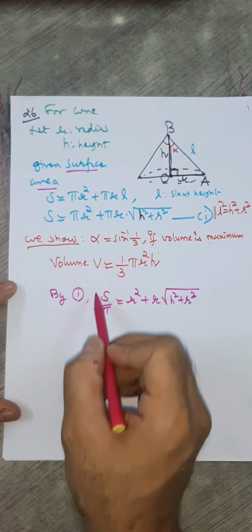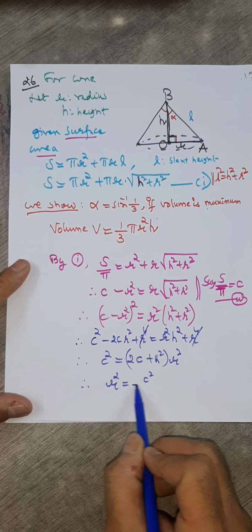So let's open the bracket here. What we'll get here: c squared minus 2c r squared plus r raised to 4 equals r squared h squared plus r raised to 4. So this r raised to 4 will get cancelled. I'll take this one over to that side. So c squared equals 2c plus h squared, taking r squared common. And therefore what is r squared?